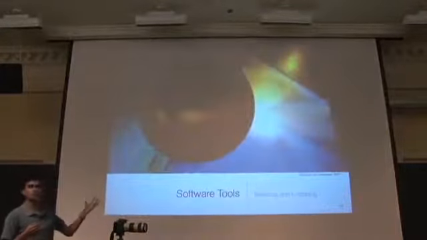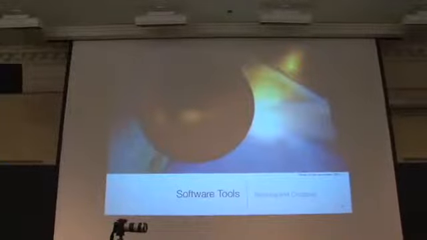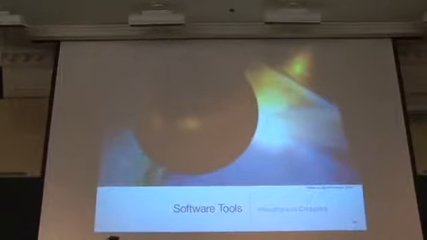But one of the things that we can do now when we're talking about software tools is resizing and cropping. So this is actually something that you can do. Really, it doesn't matter how you take the photo or with which camera or even what software you use, but most of the time software will allow you to resize or crop the image.